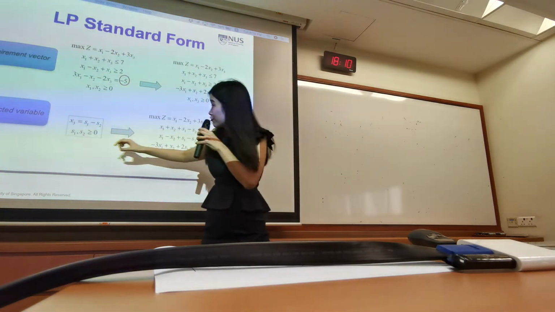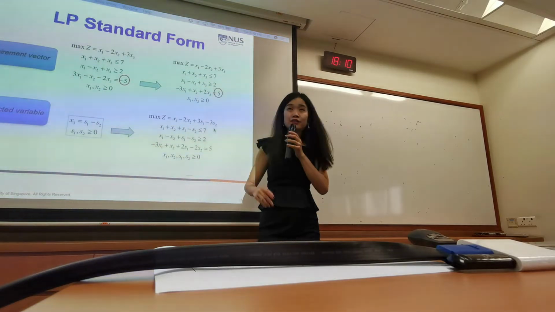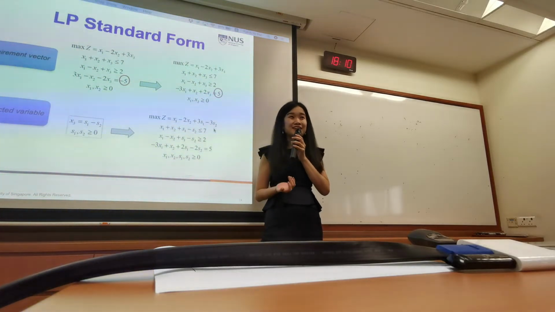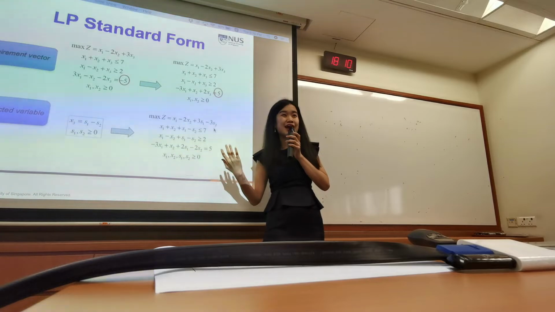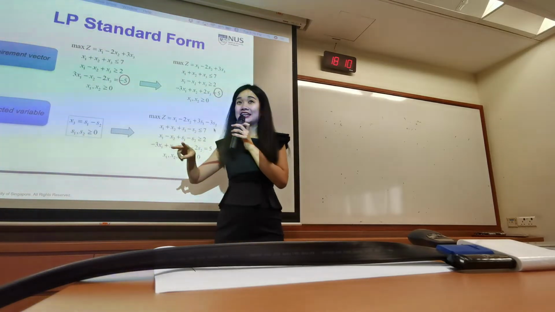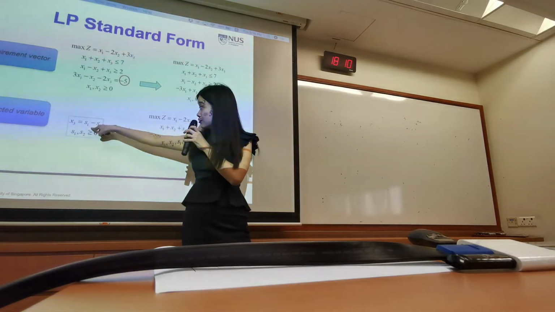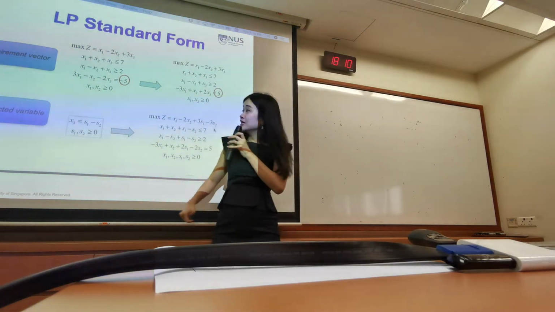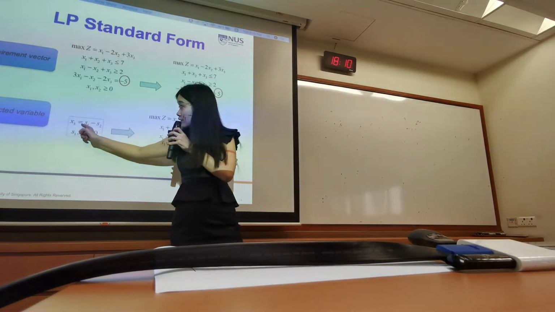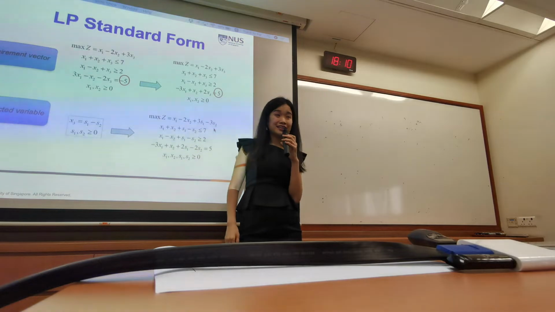And how to define that? I use two new variables. I cannot just say x3 equals x4, that's nonsense. I have to introduce two new variables and use the difference between these two to be the new representative of x3.